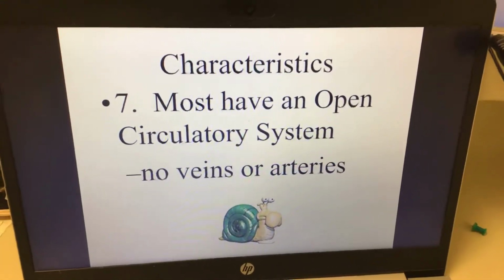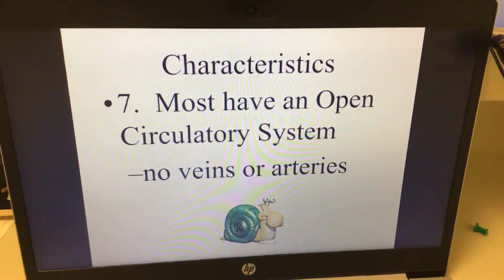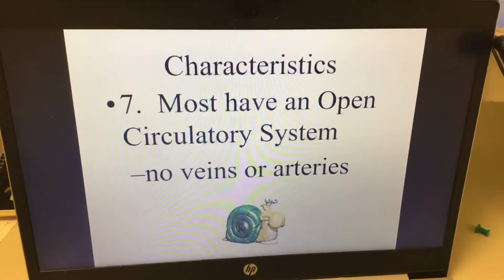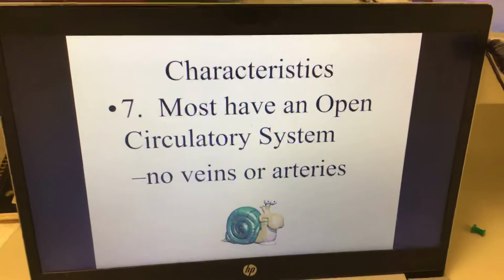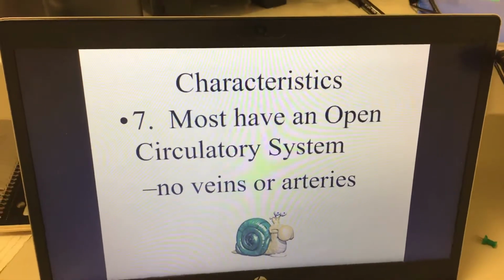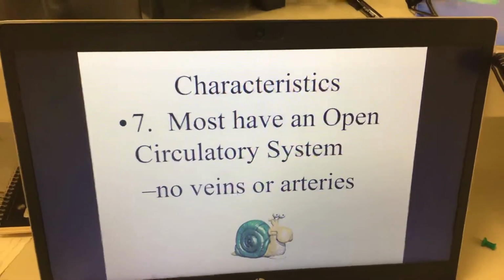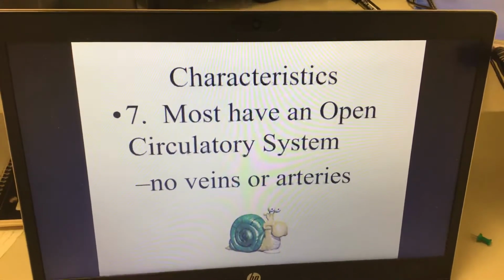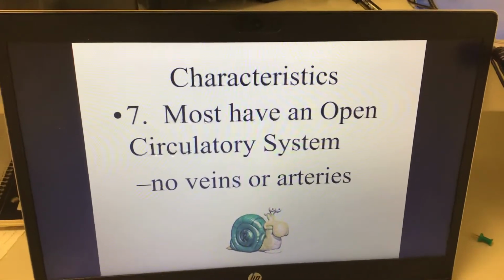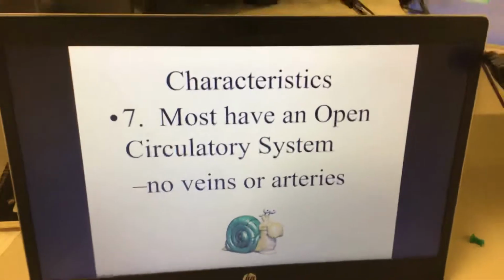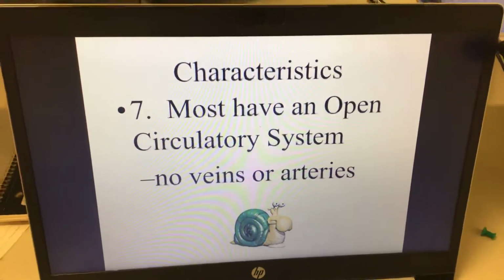Most have an open circulatory system, which means no veins, vessels, arteries, tubes. An open circulatory system means that the blood, instead of being in vessels and veins like we have, kind of just sloshes around. A lot of simple animals have this. This is not very efficient.